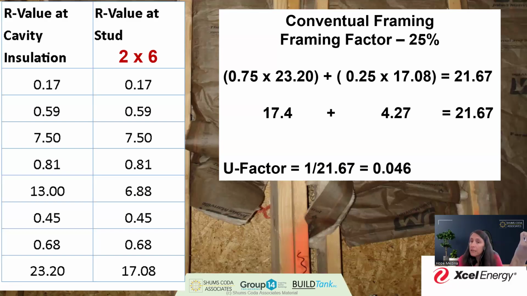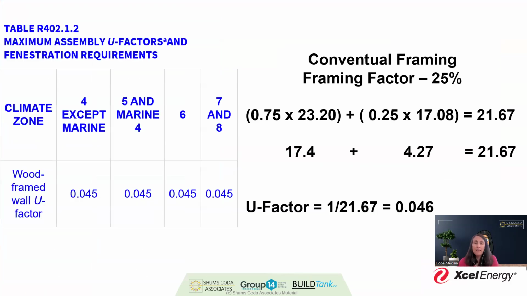And in this particular instance, we're looking for that U factor. So now we have to take that R value and do the inverse equation for it. So we're taking 1 divided by 21.67, which is the value that we got when we did our math. And ultimately, that gives us the U factor of 0.046.